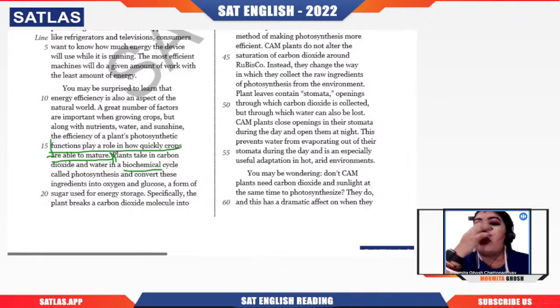So what happens? As you might be knowing, there are pros and cons of each and every process. Similarly, there are pros and cons of the stomata. What is that?